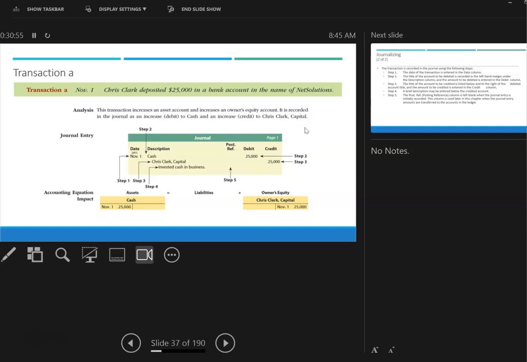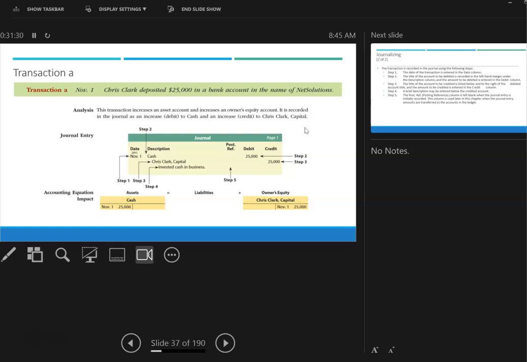Do you see how we have cash and we show it as a debit? And then do you see how we indent Chris Clark Capital and we show that as a credit? We indent the credit accounts. And then we explain what happened. We wrote invested cash in business. This is basically how we journalize every economic event, by creating a journal entry.